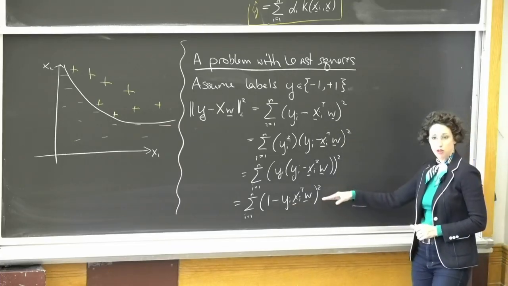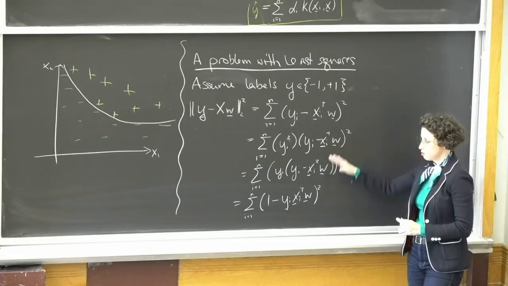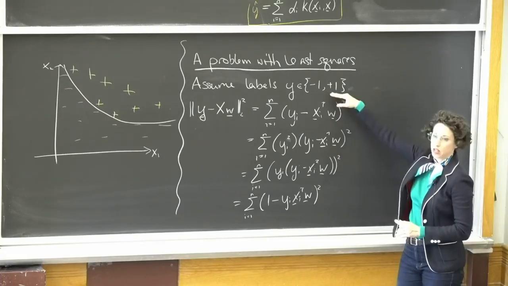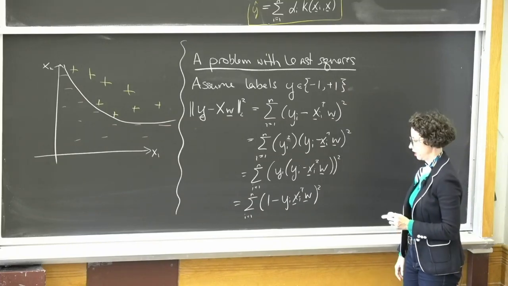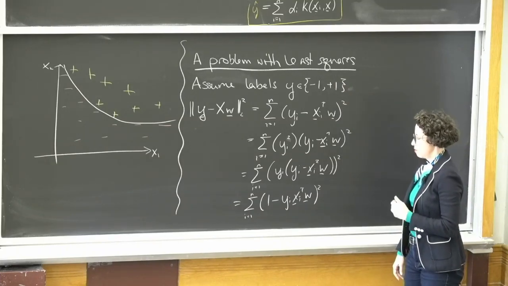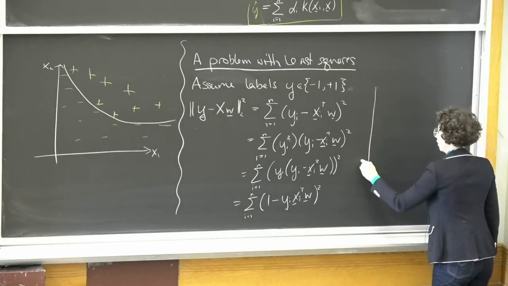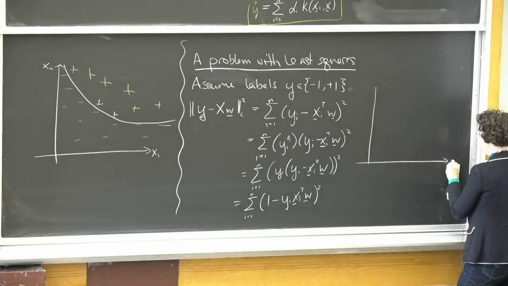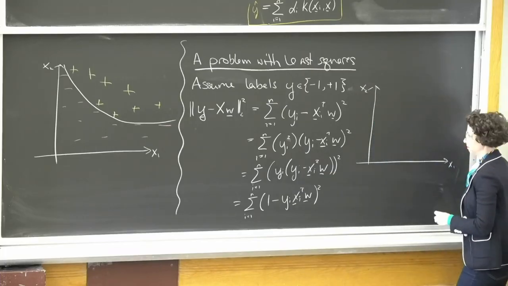Okay, so I just have a new expression for squared error loss that is equivalent to what we've been doing all along, in this case where all the labels are plus or minus 1, like we have in binary classification. But now we can think about what happens in a setting like this. I'm going to have my first feature direction and my second feature direction.